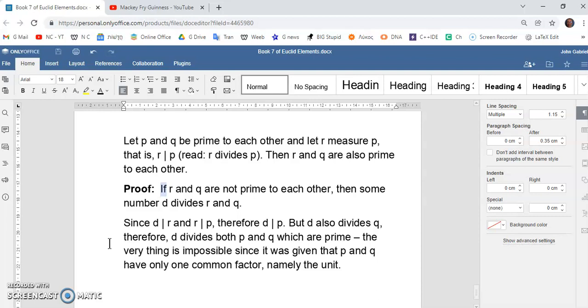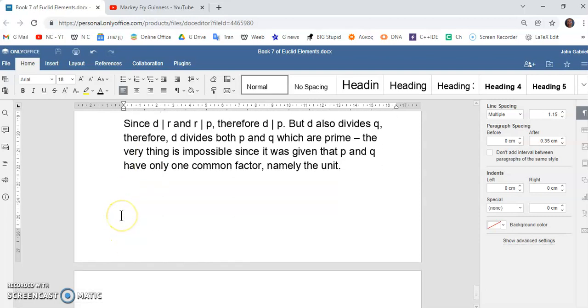But D also divides Q. Therefore, D divides both P and Q, which are prime. This is impossible since it was given that P and Q have only one common factor, namely the unit.